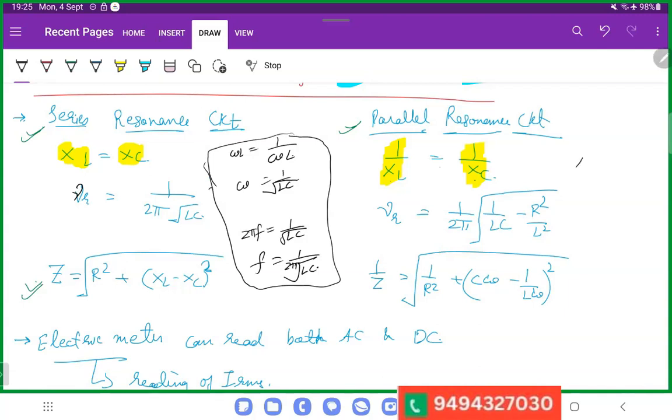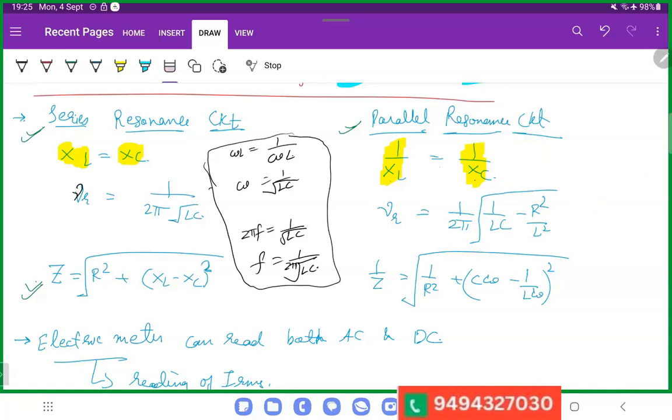Here it becomes XL by XC, or let's say 1 by omega L equals 1 by omega C. And we can introduce Z here.